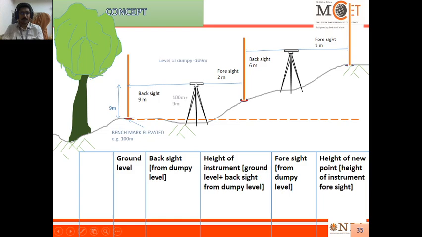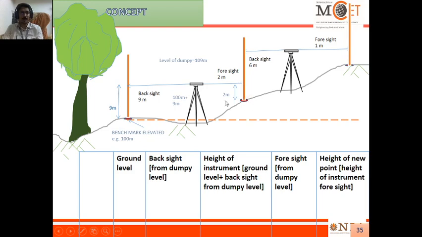That will become the level of the dumpy, or the height of the instrument. Up to this level, it is now 109. Now we have sighted this leveling staff over this point. The reading is 2 meter. Then the elevation of this point is minus 2, that is 109 minus 2 becomes 107. That will become the elevation of this point, 107, the known point.